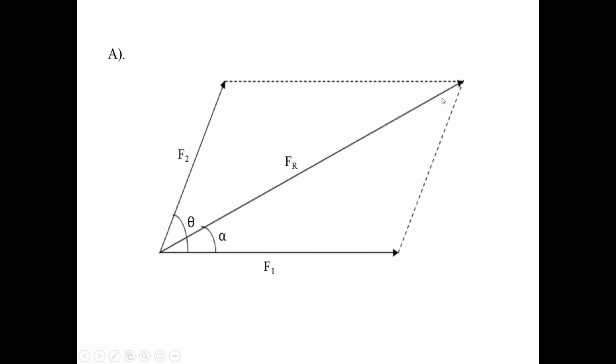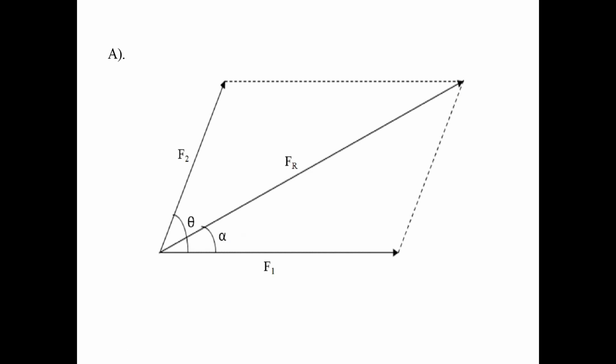In this problem, in the first condition, F1 is 2p Newton, F2 is p Newton. Between F1 and F2, the angle is theta. In the first condition, let the resultant force direction with the first force make the angle alpha. That is in the first condition.